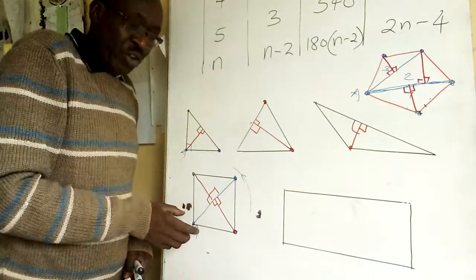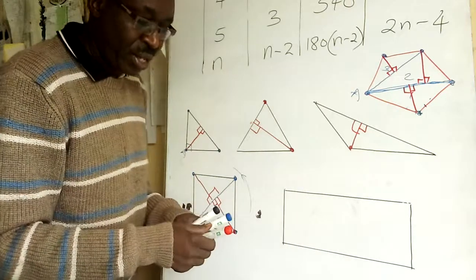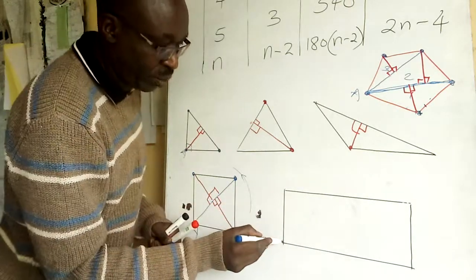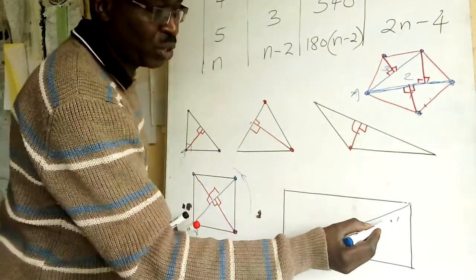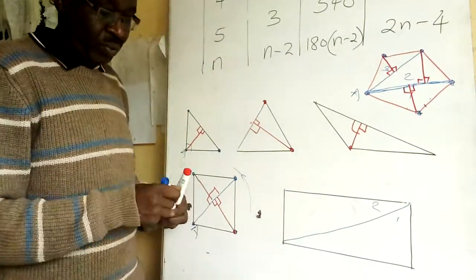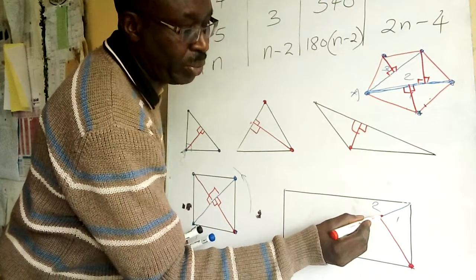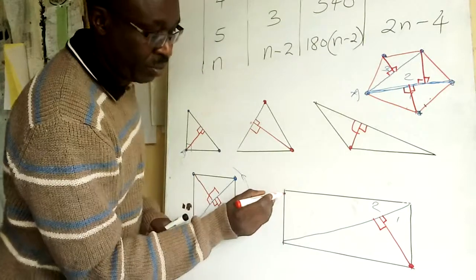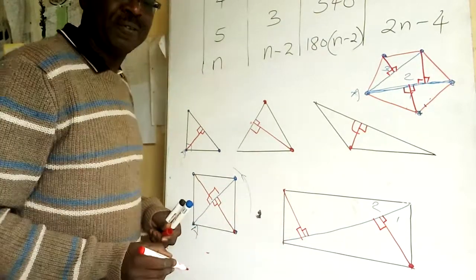So, if originally in this figure, you can try this. In this figure, we had that. So there are two triangles, triangle number 1, triangle number 2. Then from this point, I can come here, I'll make 90 and 90. Then from here, I can also make 90 and 90.